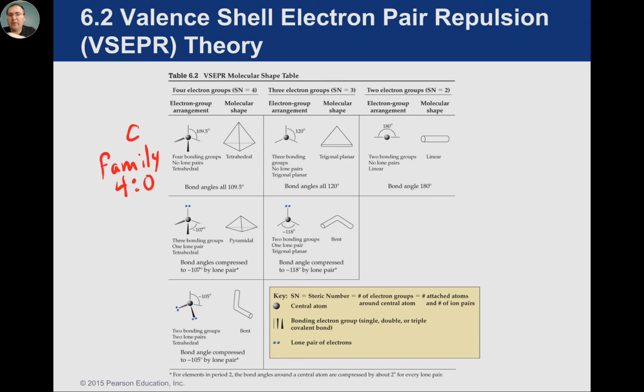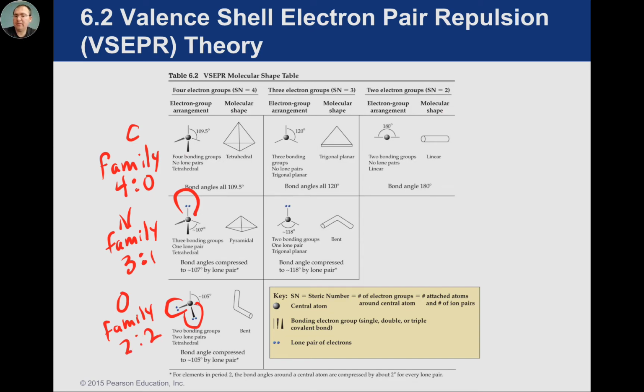As you go to a pyramidal, we're going to expect to see nitrogen family atoms, and that's because they have 3 bonds and then 1 lone pair. So notice that lone pair up top changing things. And then as we go down even further, we see that oxygen family. And that's specific when you have 2 lone pairs, but also 2 bonds. So that's a 2 and 2 kind of ratio of how we get to that magic number of 4 that is so important for this particular category.